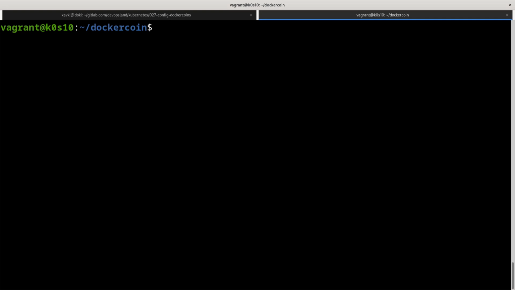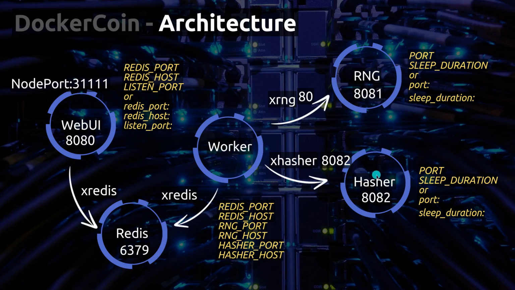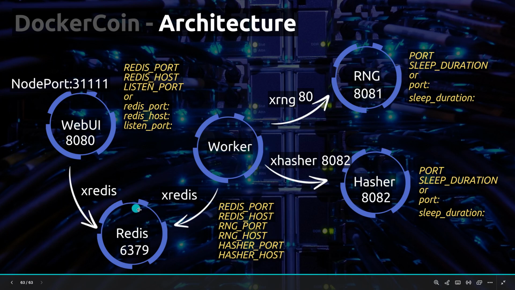So take a break and try to do the same thing. Take care to use the port 8082 here, with a service based on xhasher. You can reuse exactly the same parameters. On the worker and on the Redis, you can also set the service.